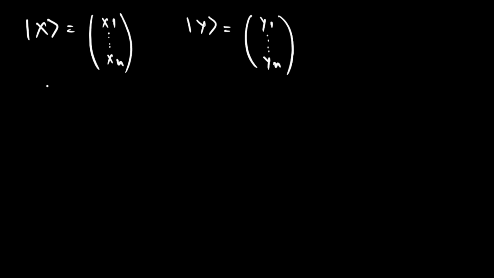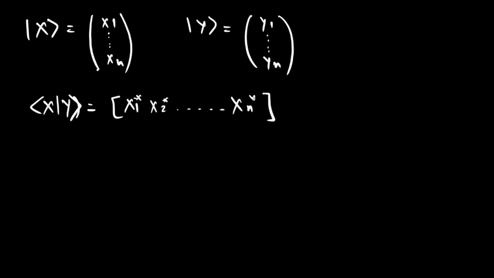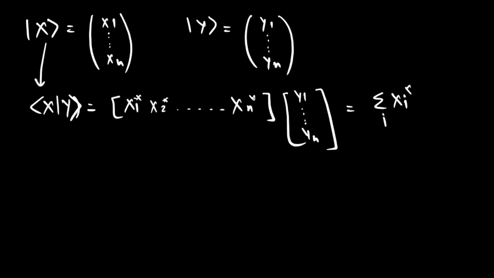So the inner product of xy would be equal to x1 star, x2 star till xn star, since now we have transformed the x to its dual vector bra, which is the complex conjugate transpose of this ket x, therefore writing it in row matrix multiplied with y1 till yn. Now this matrix multiplication gives us summation over i of xi star yi, which is a complex number.